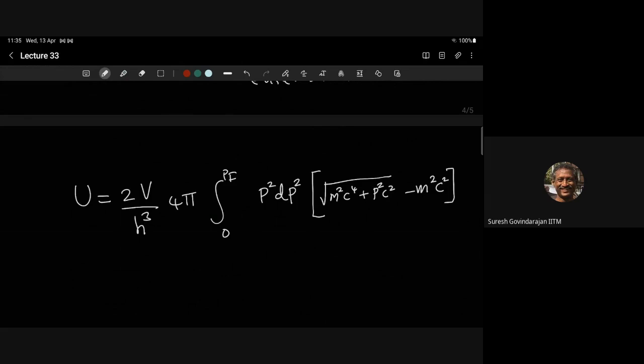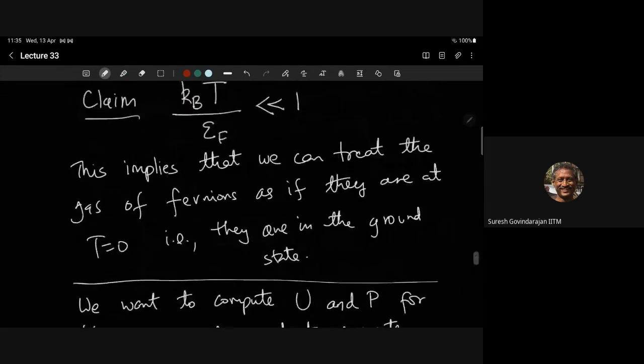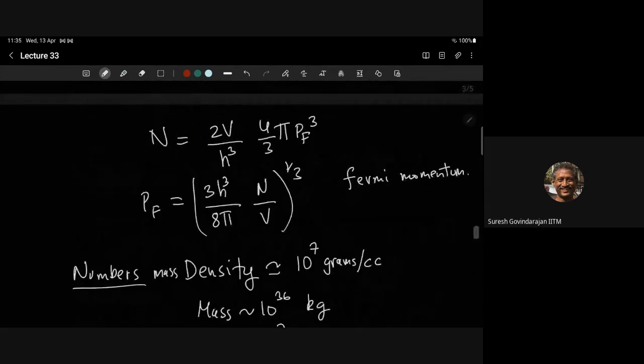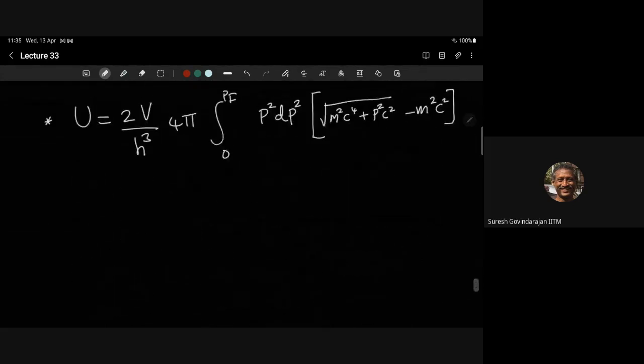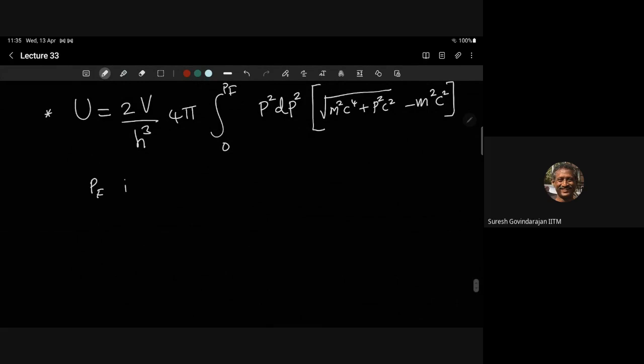Is this okay, what I have done? We just need to do some integrations. So this is a formula, but it's an ugly formula, but okay. And PF is what we wrote here. PF is a function, as determined.